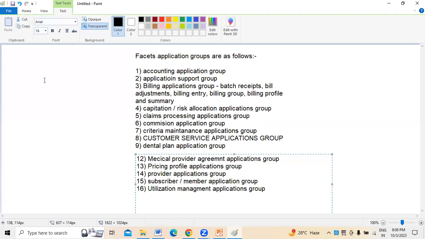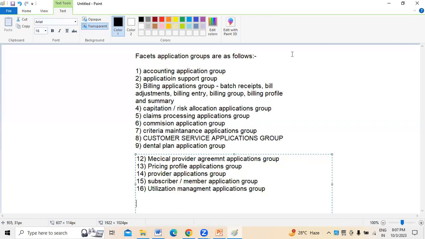So these are the different groups which are involved in it, because after dental plans, whatever dental plans we are providing, the next is dental provider agreement, as I told you. Dental provider agreement means agreements relating to the dental services, or if there is any kind of category discounts we have provided. All this information comes under the dental provider agreement group.